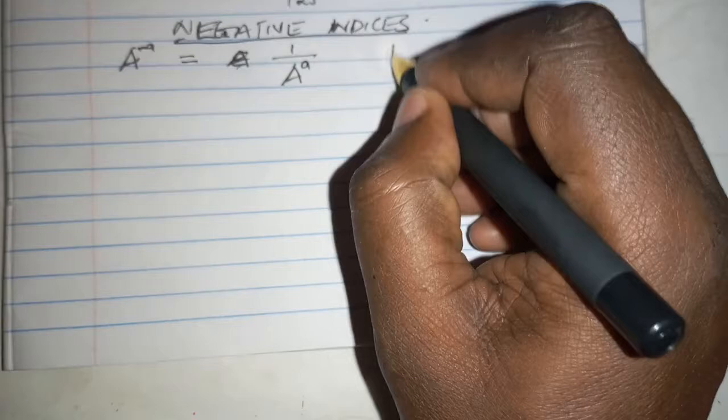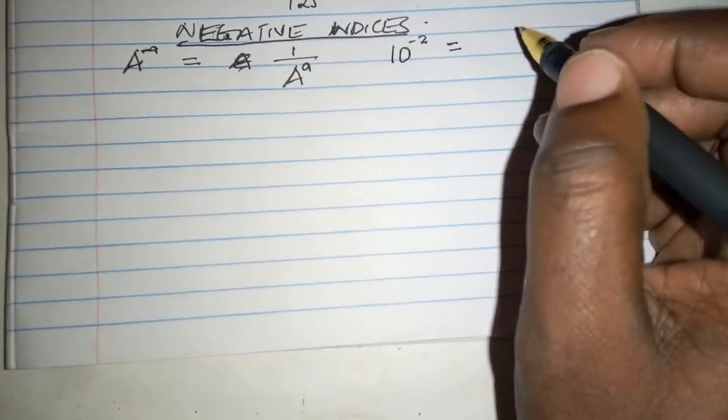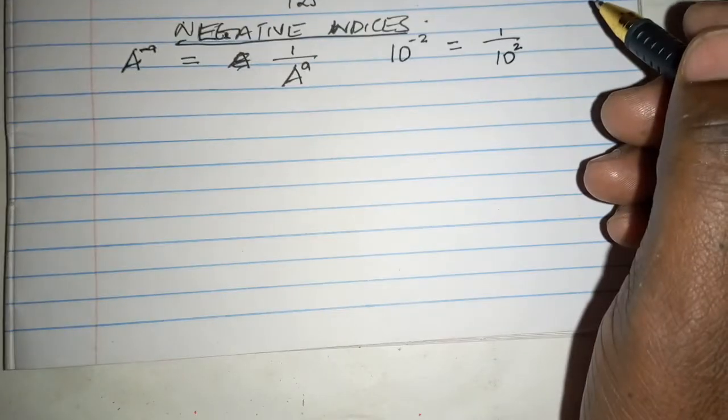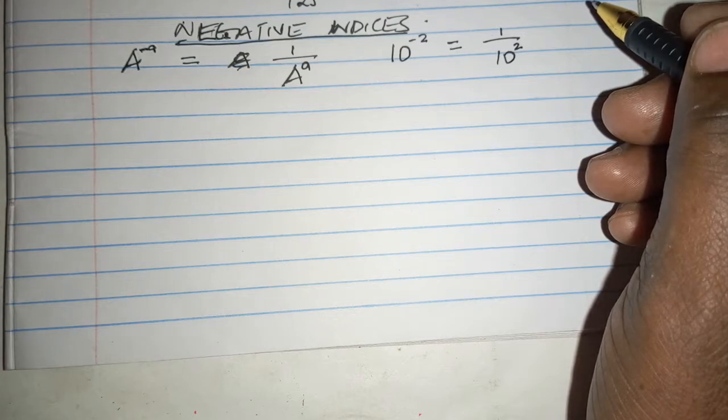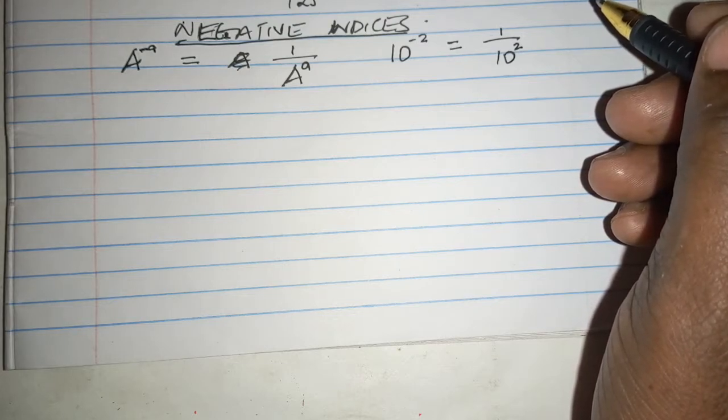In an earlier number chapter, you used 10 raised to power minus 2, which we said is equal to 1 over 10 squared. This also works with numbers different from 10.